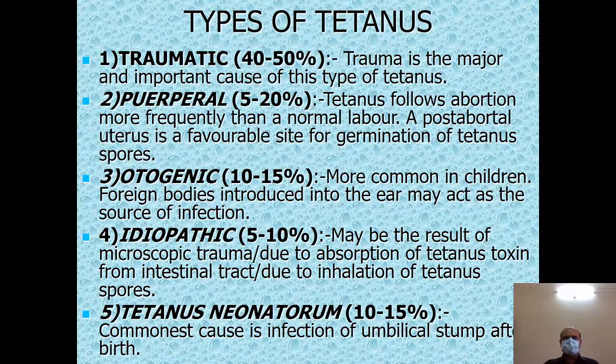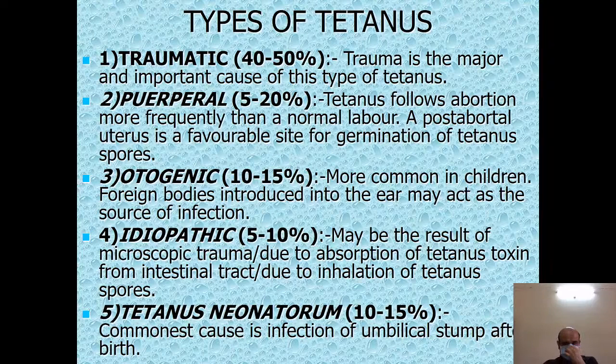Otogenic tetanus is 10 to 15%, more common in children. Foreign bodies introduced into the ear may act as the source of infection. Idiopathic is 5 to 10%.